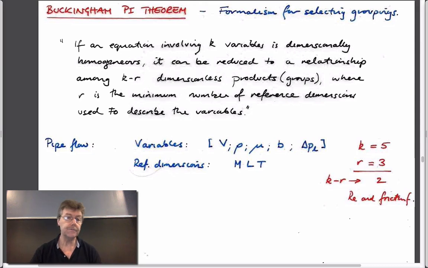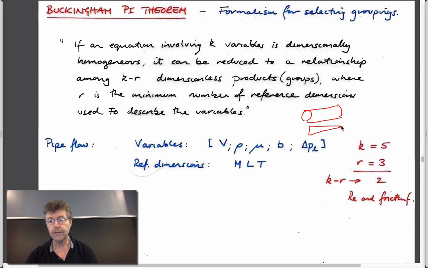So quoting here from your textbook, if an equation involving k variables is dimensionally homogeneous, it can be reduced to a relationship among k minus r dimensionless products, where r is the minimum number of reference dimensions used to describe the variables. So what does that mean? We're solving our problem for a pipe. We've defined the variables of this pipe: we have a change in pressure.